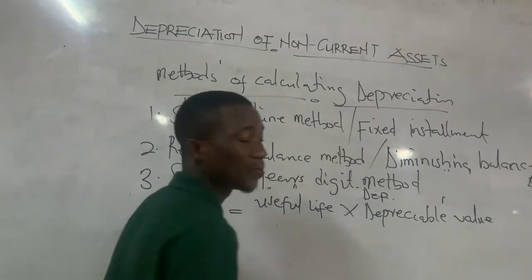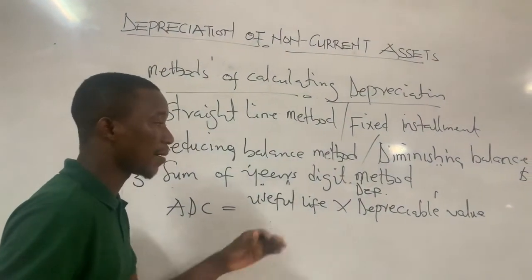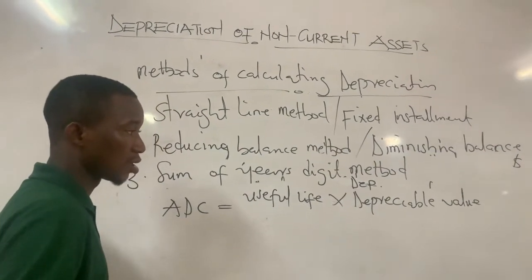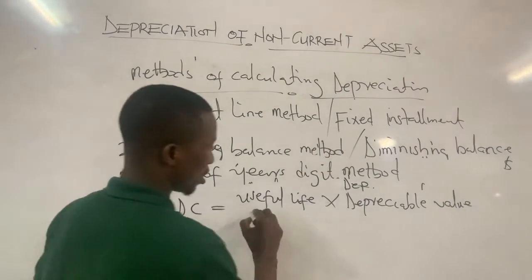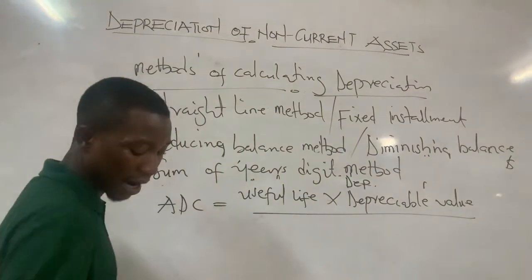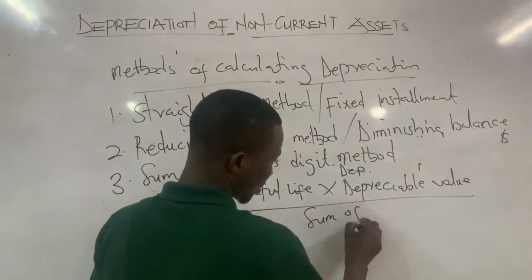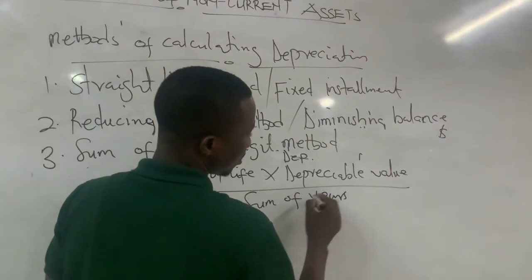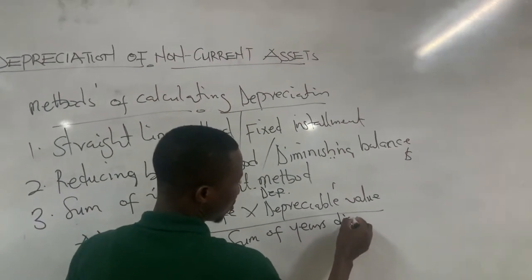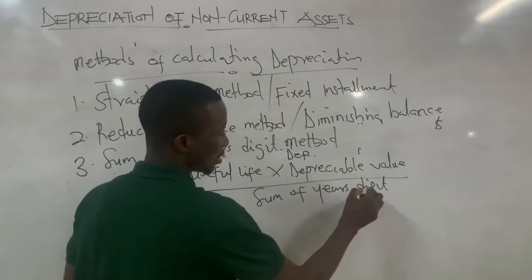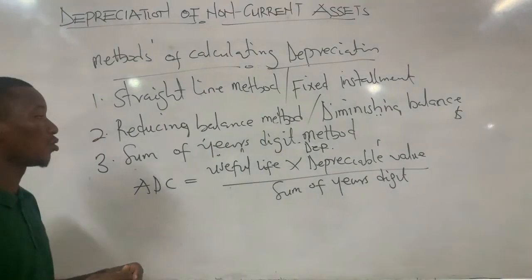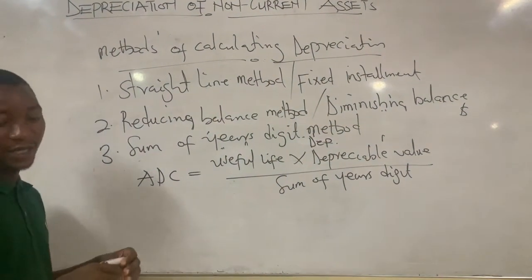When I talk about the depreciable value, I'm actually talking about the cost of the asset. Is that okay? Then you divide it by the sum of years digits. So basically, this is how we calculate the sum of years digits.